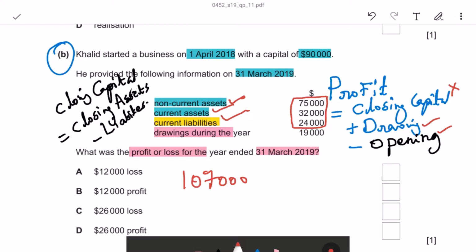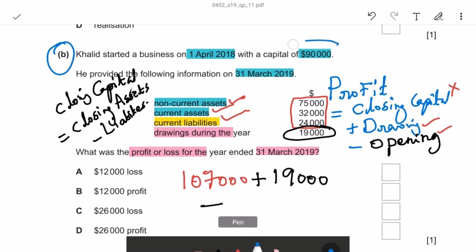Plus, in our equation, drawing. Drawing is also given in the question. Drawing is 19,000, minus opening capital. What is the opening capital given in the question? Opening capital, that is the opening balance of capital, 90,000.